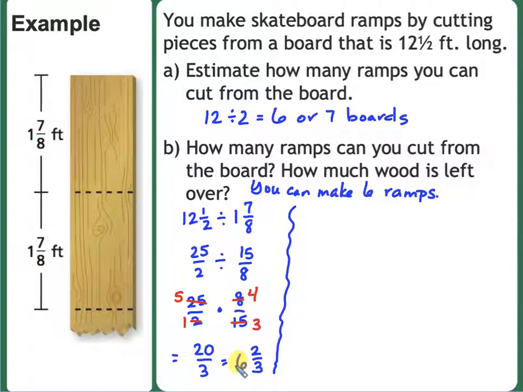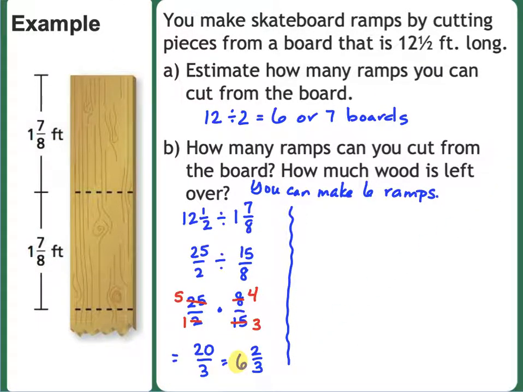One way is to figure out, well, if I made 6 ramps, we could do 6 times 1 7/8, because each one is 1 7/8. And whatever we get from that, we can subtract it from 12 and a half. So that would be one way to do it.